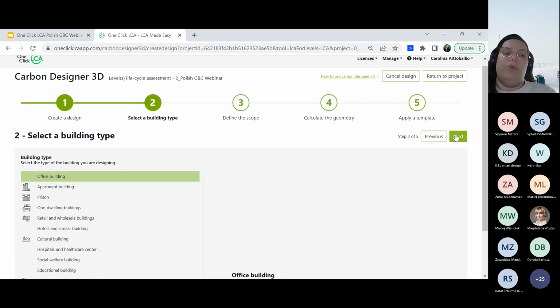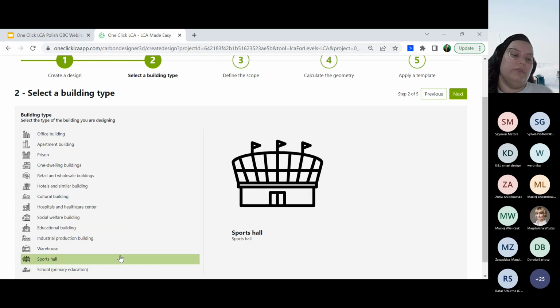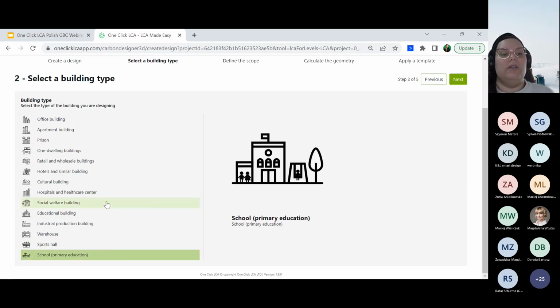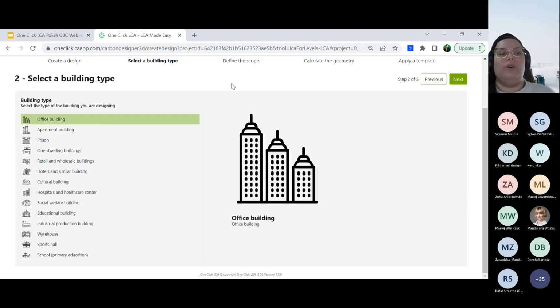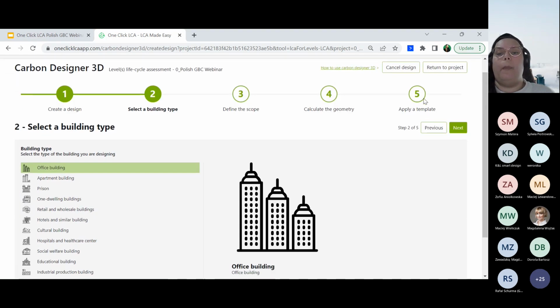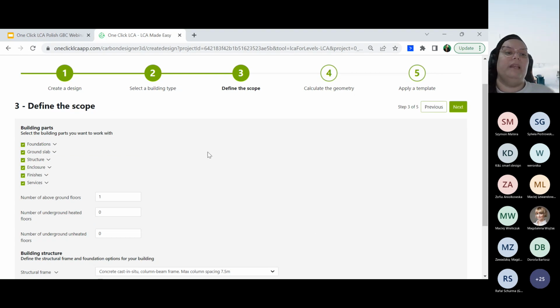Then we can move forward, and we have here an office building, for example. We can choose other different types of buildings, for example, sports halls, school, social, any kind of other building as well. So apartment building and so on. I will proceed with the office building for the purpose of this exercise.